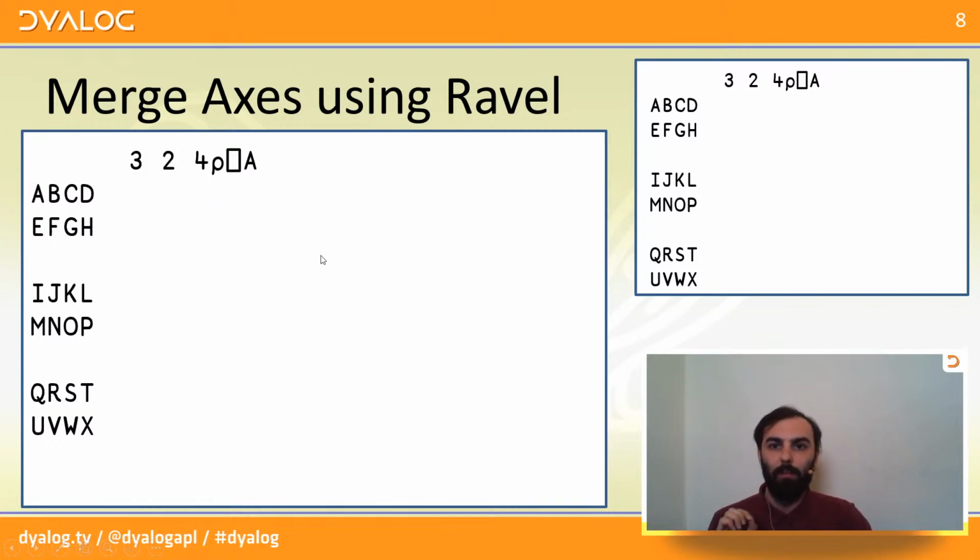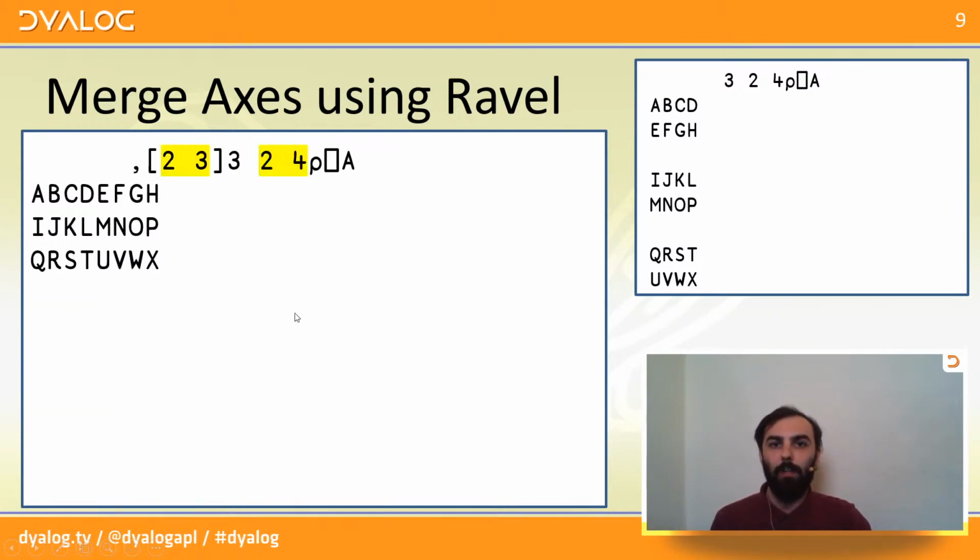But not only can you merge all the axes like that by default, you can also specify some collection of consecutive axes. So in this example, it's 2, 3, and merge those axes, merge data along those axes.